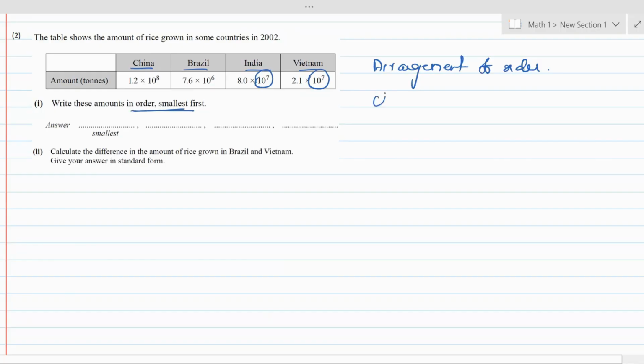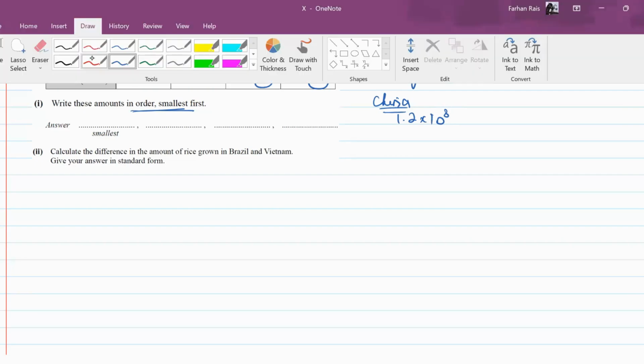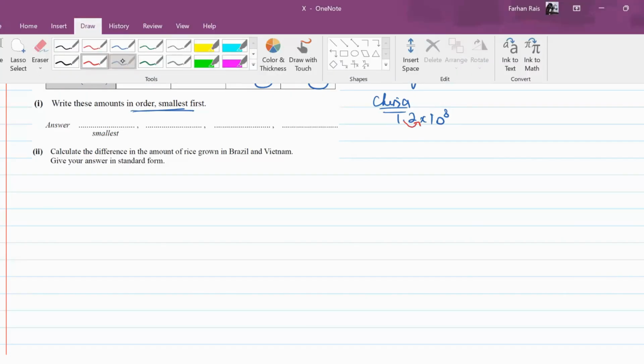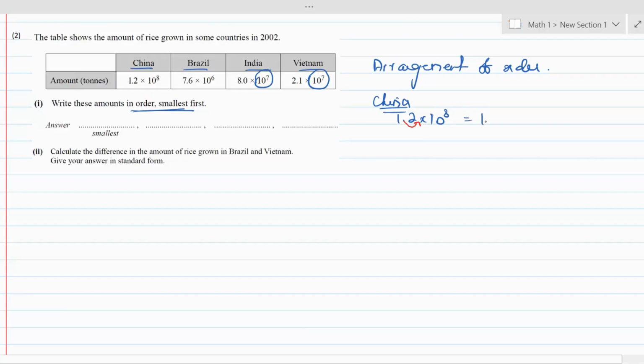So for China here, it was 1.2 into 10 power 8, and we have to make it 10 power 7. That means to reduce the power, the decimal has to move towards the right. Moving the decimal towards the right would make it 12 into 10 power 7.